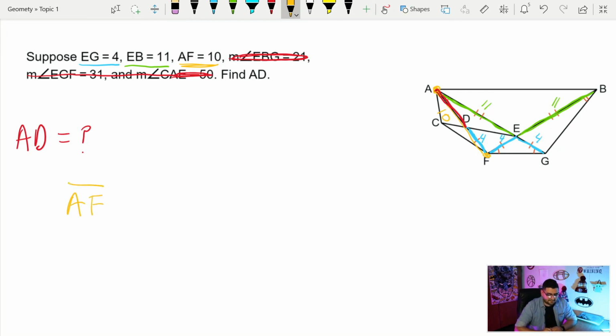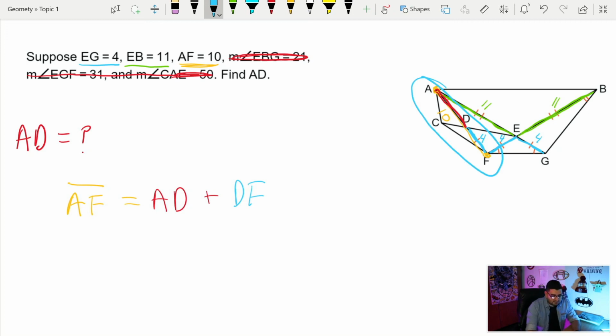And just like we did a few problems ago, I can say that AF is equal to AD plus the line that comes after AD, which is DF. I'm just looking at this piece right here. And I actually know the length of 2 of these 3. AF was 10, which is equal to AD, plus DF, which, based on the congruency rules that we learned, has to be the length of 4.